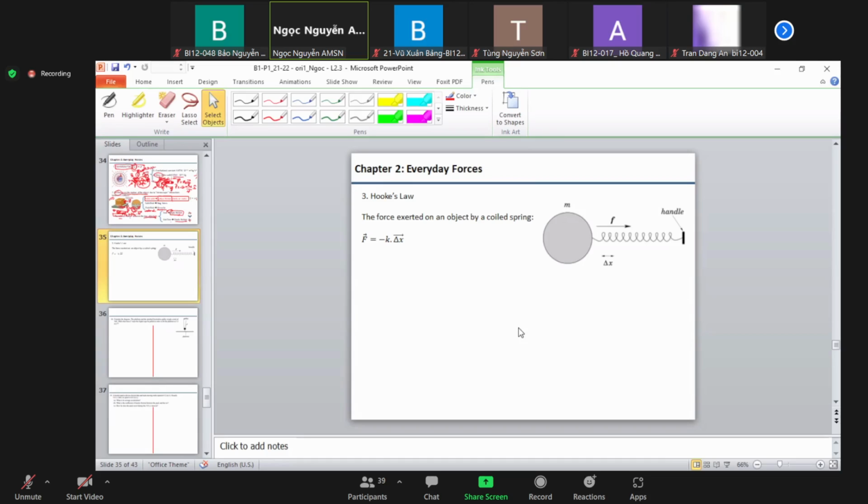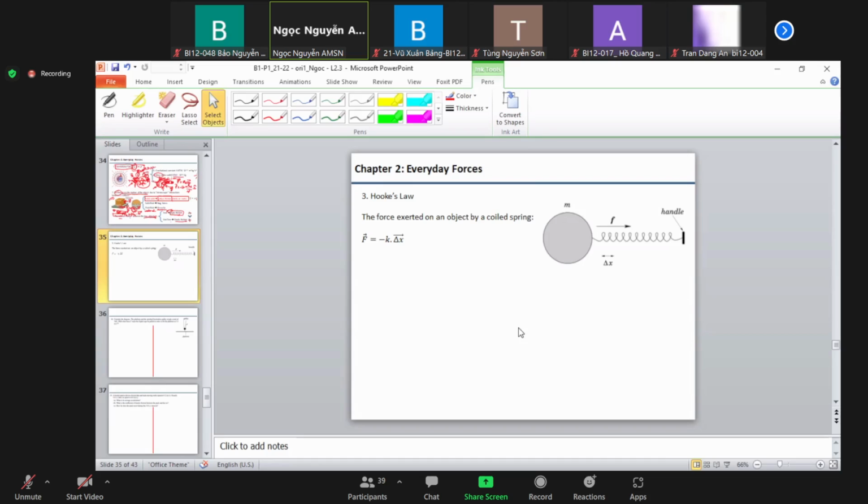And you will see that here the force acting on it is F, and the displacement is x. And what is k? K depends on the size of the spring.